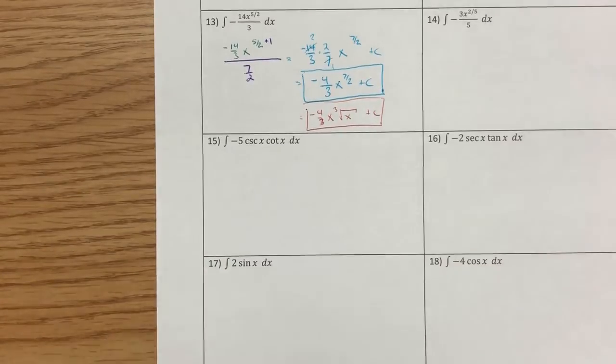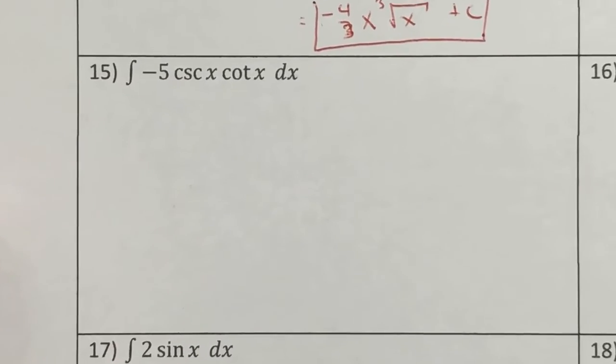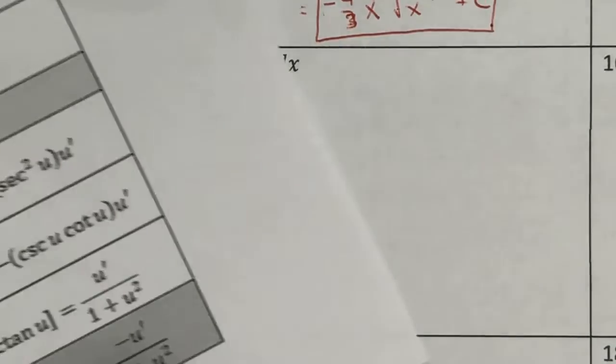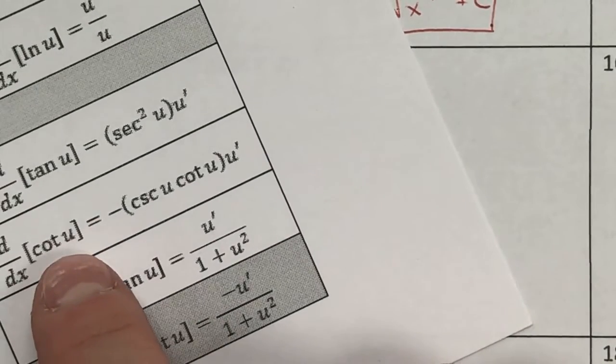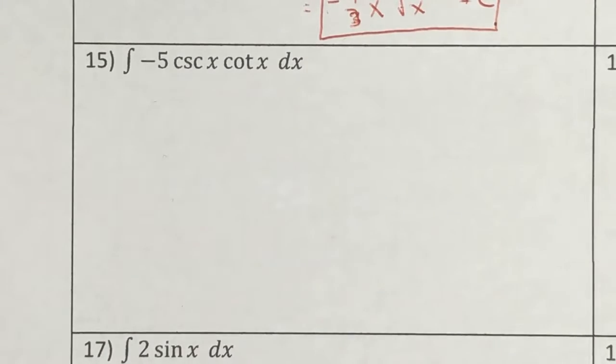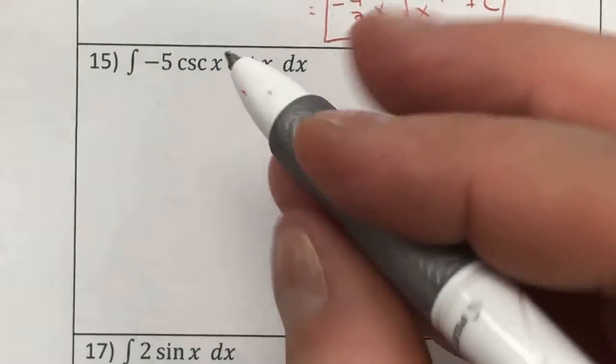Let's go ahead and take another peek at number 15. The first thing we're going to notice is the cosecant cotangent. We notice that the derivative of cotangent is going to produce a negative cosecant cotangent. So what I'm going to do is move that 5 out of the derivative, not the derivative, out of the integral.